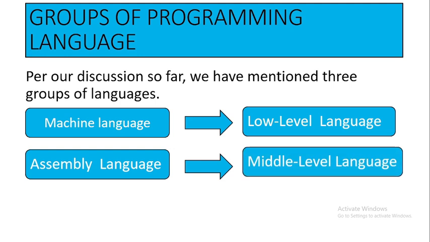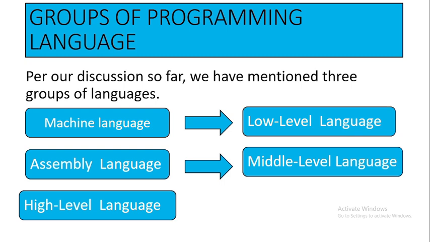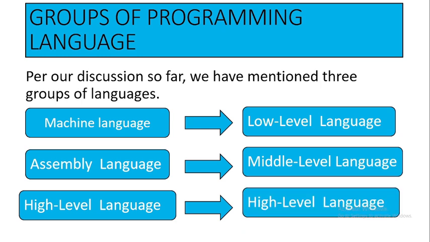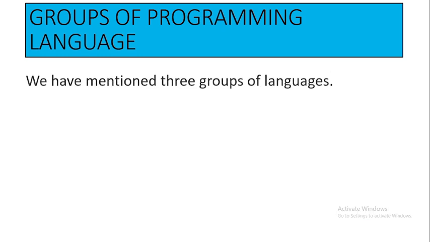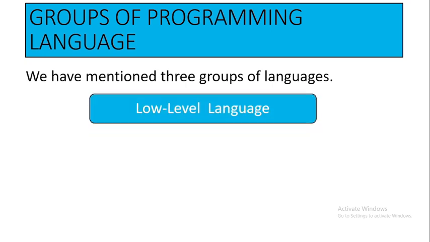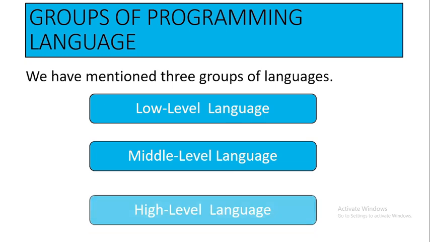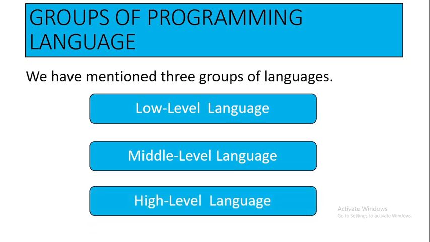Middle-level language. Then the last one we made mention of is high-level language, which also belongs, the name doesn't change, to high-level language. So we have 3 groups of programming languages: low-level language, middle-level language, and high-level language.